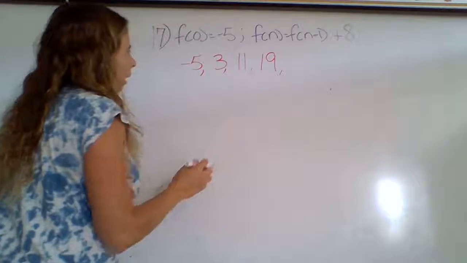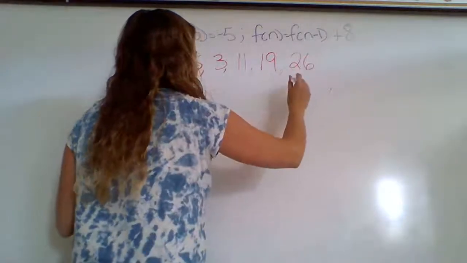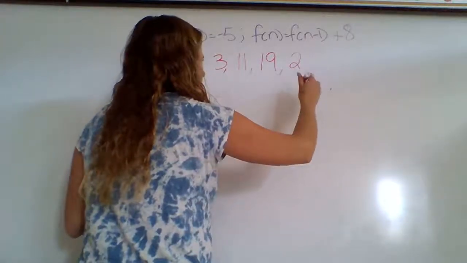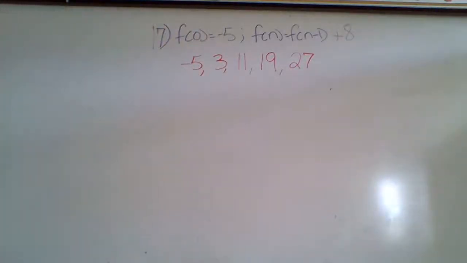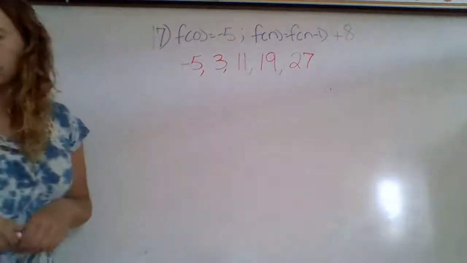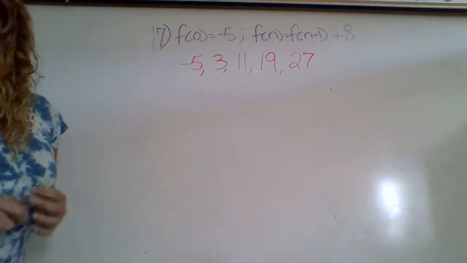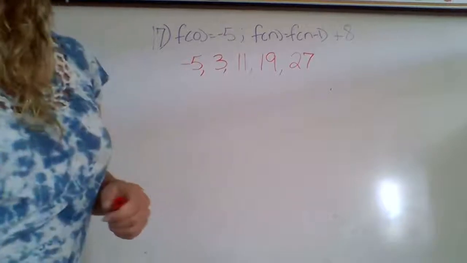And then 19 plus 8 is 27. And that was this one, 5. 1, 2, 3, 4, 5. Okay, so that's it. I'll do one of the other ones.